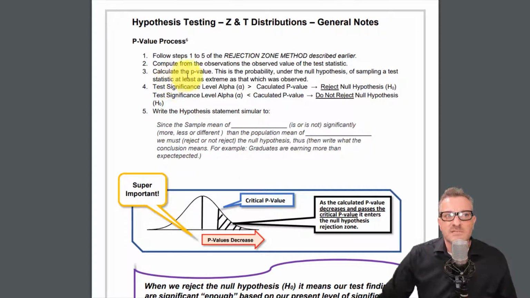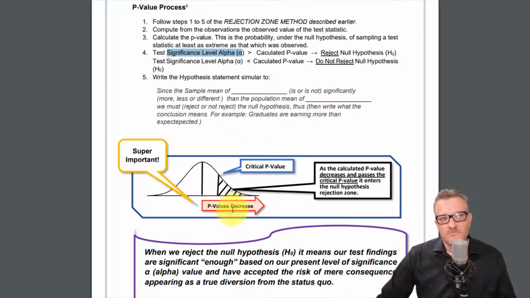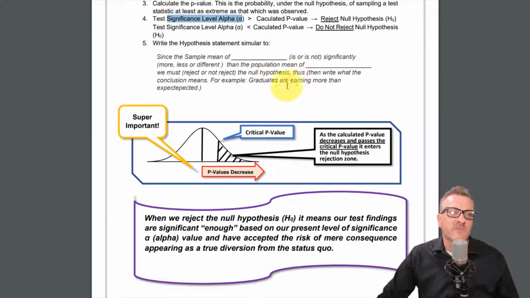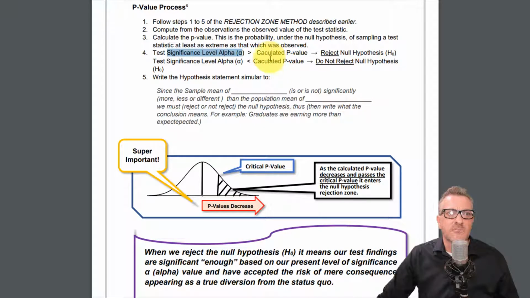Okay, so that says calculate the p-value. Then test against the significance level alpha, say 0.05, and if it's greater than the calculated p-value, we reject the null hypothesis. So what that means is, let's say the significance level is 0.05, and it is greater than our calculated p-value, which we'll say is 0.02.